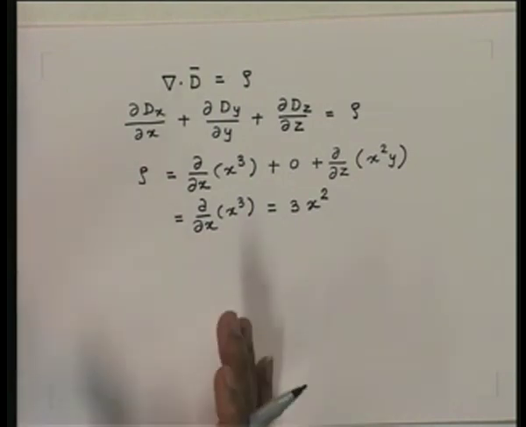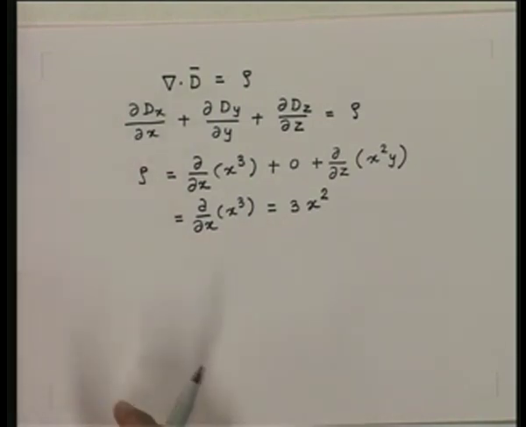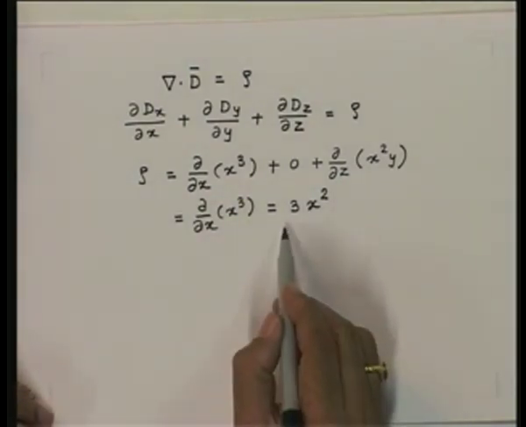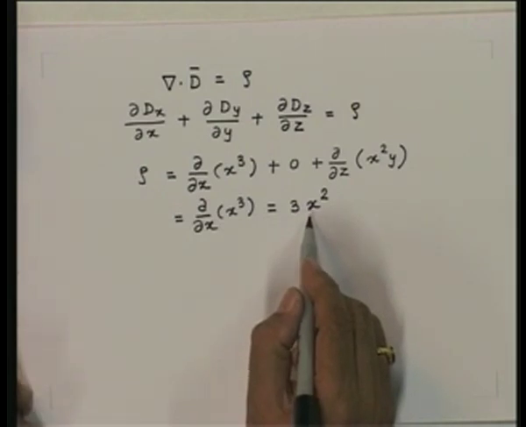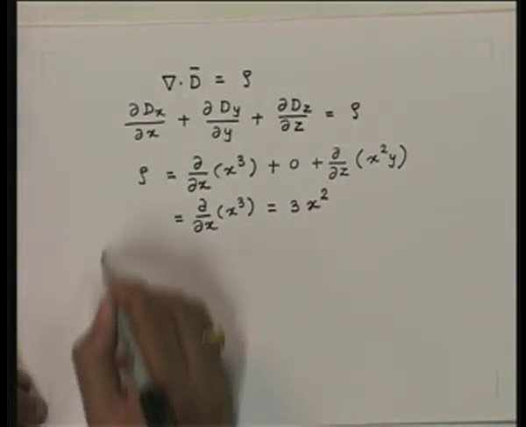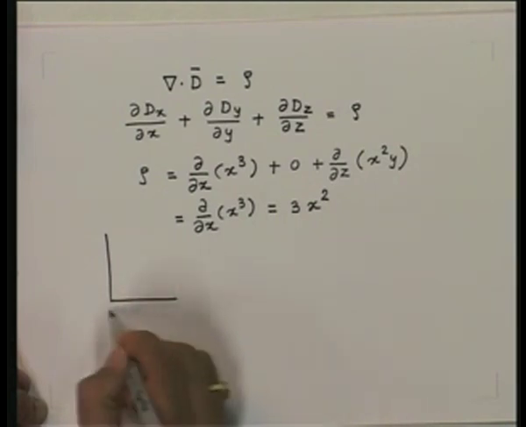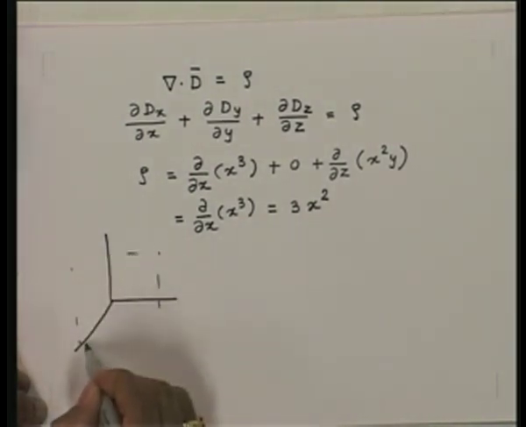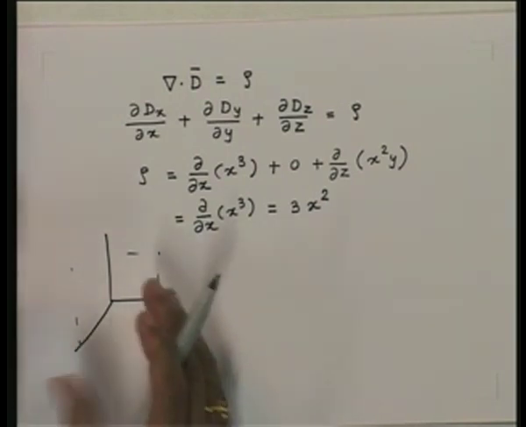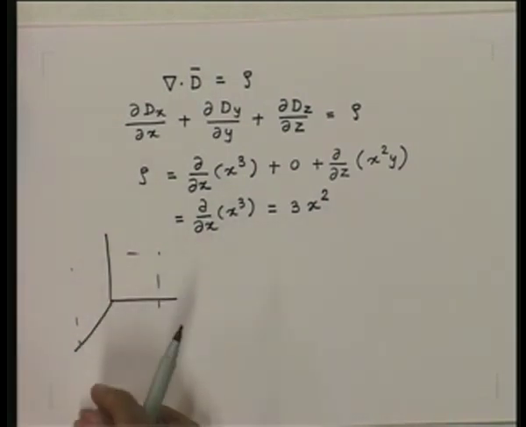So, now inside the volume of the cube, the charge density essentially varies only as a function of x, and the charge density is constant as a function of y and z. So, now if I have a coordinate system, the cube essentially is placed something like this around the center, and then we want to find out what is the total charge enclosed inside this cubical volume.